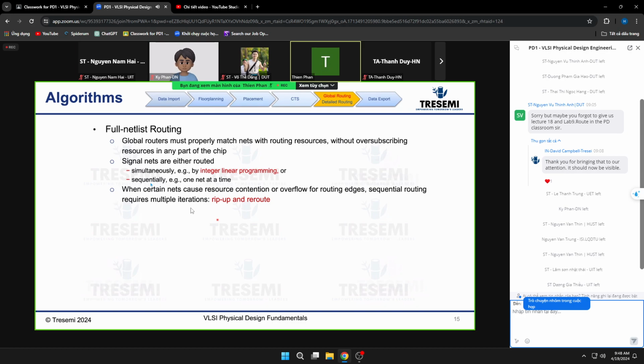The limitation of this is sometimes you have a net that goes over a macro, or goes through a channel. Then rip up and reroute usually is not going to fix it, because it only looks locally, and it can't see beyond the other side.